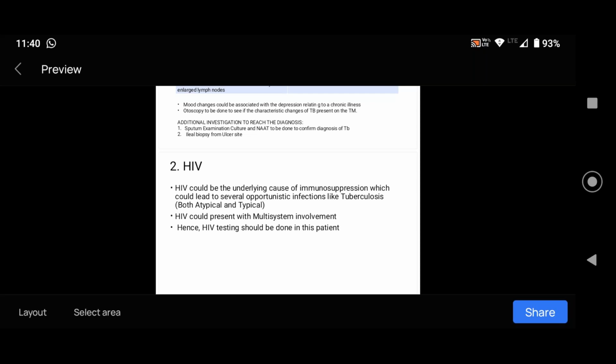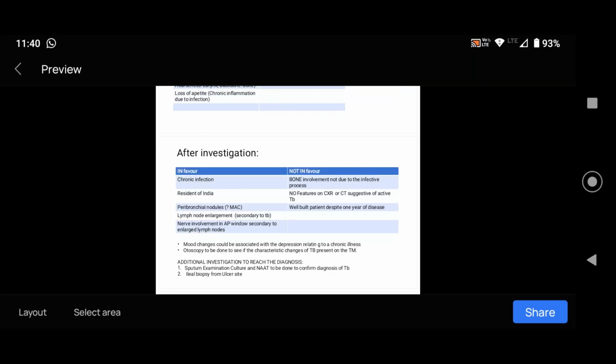Patients with untreated TB are not going to be very well, isn't it? They are going to lose weight, become more ill, and go downhill. Most importantly, all your investigations, your CT, your MRI, nothing picked up any focus of active TB. Exactly. So such a hidden TB for 1 year, which has not manifested anywhere, is a little unlikely.